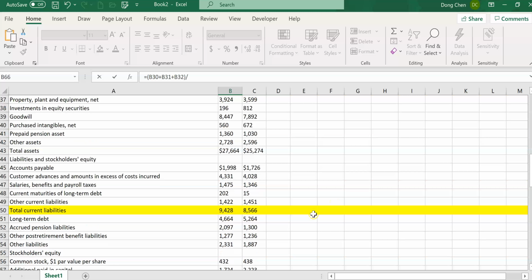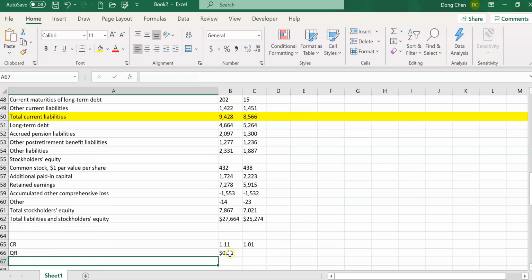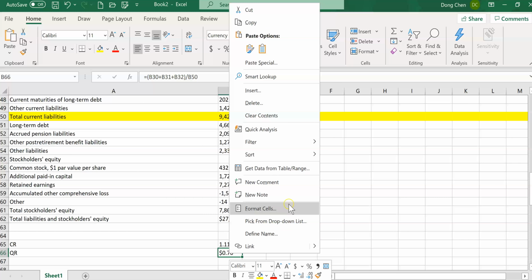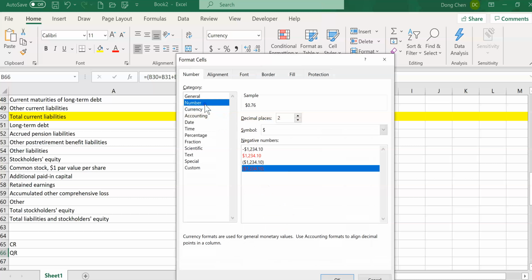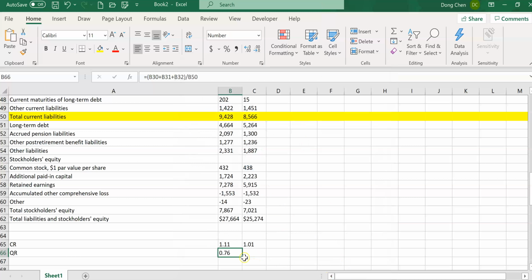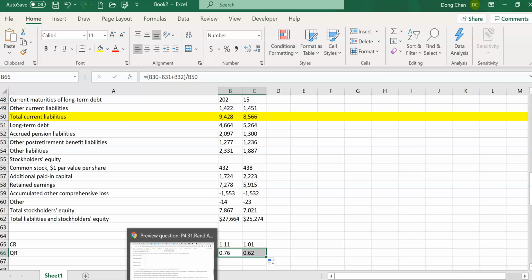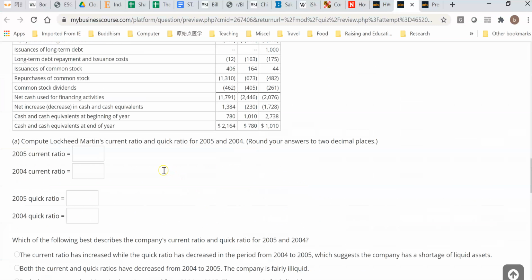So then divided by current liabilities. So also, I'm going to format the cell here to use number and keep 2 decimal places, and then drag the cell to the other year and automatically calculate the same ratio for the other year.